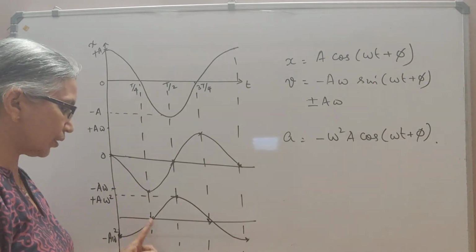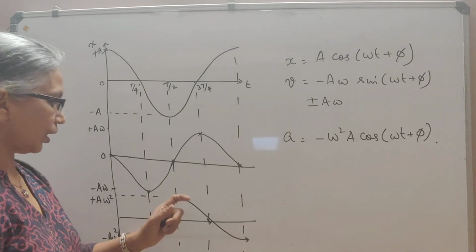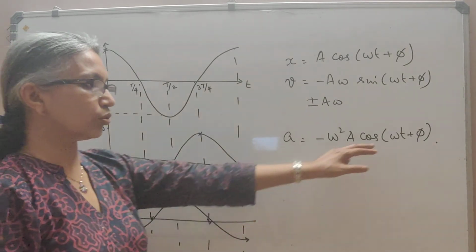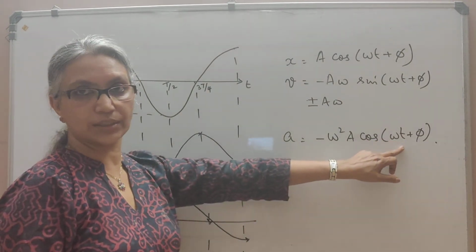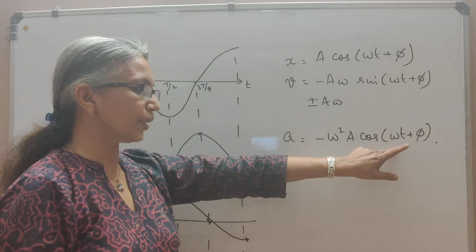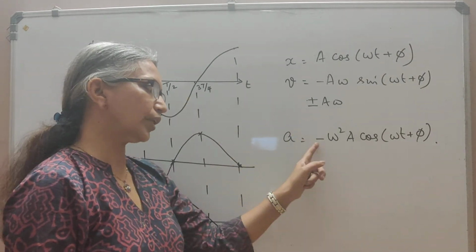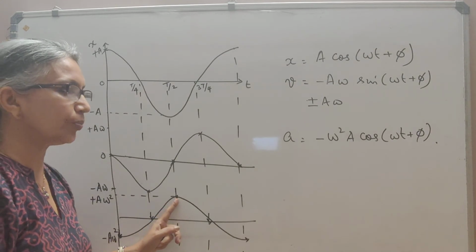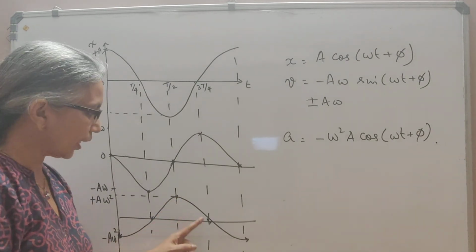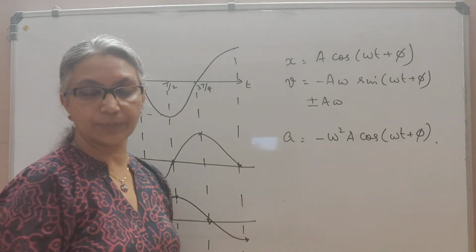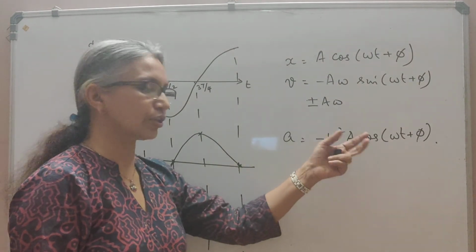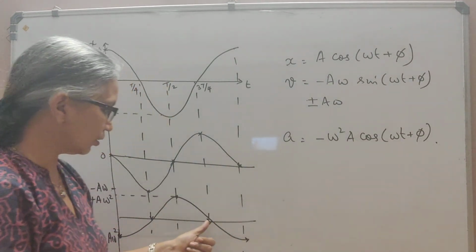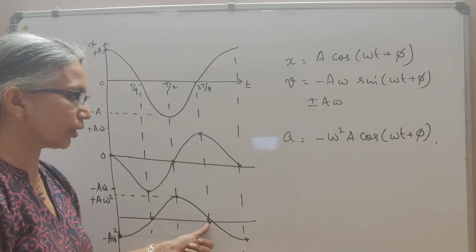The acceleration is 0. Then again at T/2 we have π, 180°. So cos π will be again -1, and with the negative sign it becomes a positive value. So it takes the maximum value ω²A. At 3T/4, we have 3π/2, which means the cosine function takes the value 0, so we have acceleration 0 here.